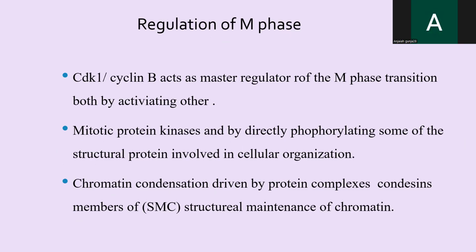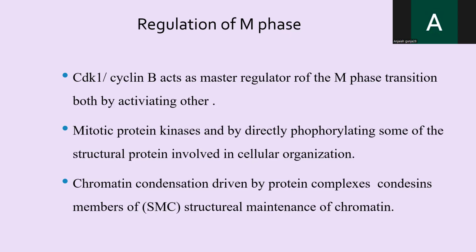Here we'll see about the regulation of M phase, how it is regulated. CDK1 or cyclin B, which is also called MPF, we have discussed earlier. This acts as a master regulator of the M phase transition, both by activating other mitotic protein kinases and by directly phosphorylating some of the structural proteins involved in cellular organization.